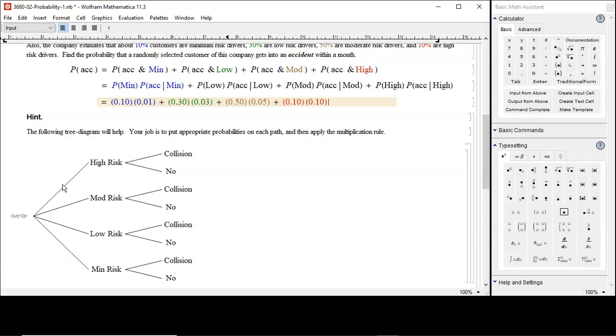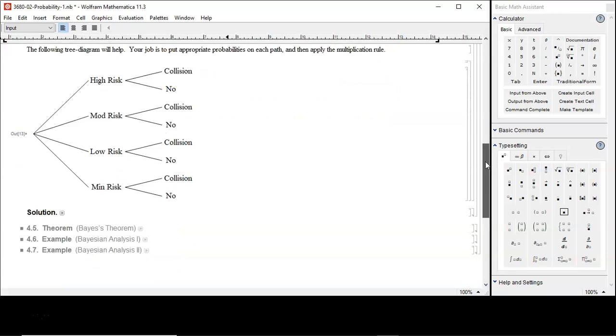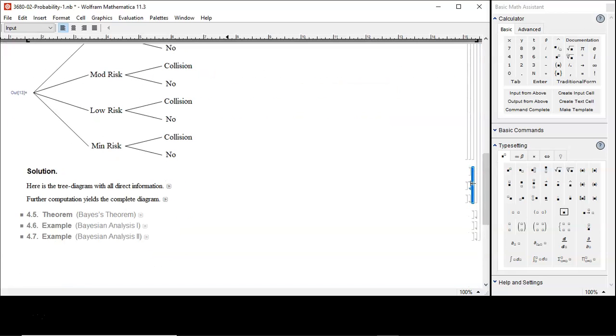For high risk, probability of high risk drivers, moderate risk, proportion of moderate risk drivers, and so on and so forth. And then here, I'm going to get conditional probabilities for having actual collision. For high risk drivers here, 10%. For moderate risk driver here, 5%. Low risk driver, 3%. And then 1% like this. Make sense? Well, here we go.